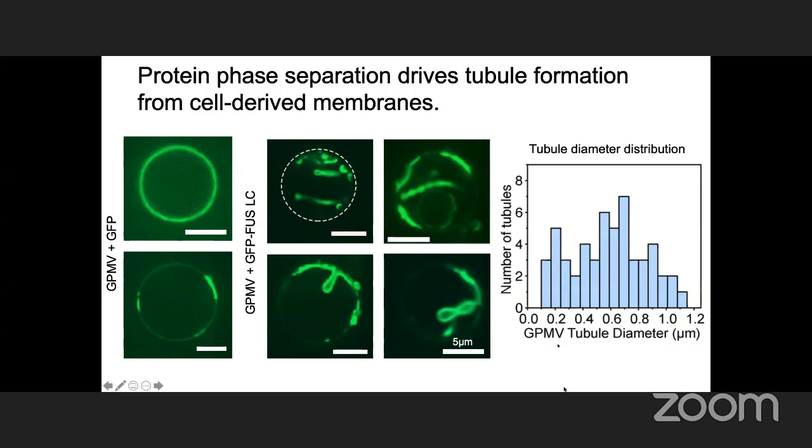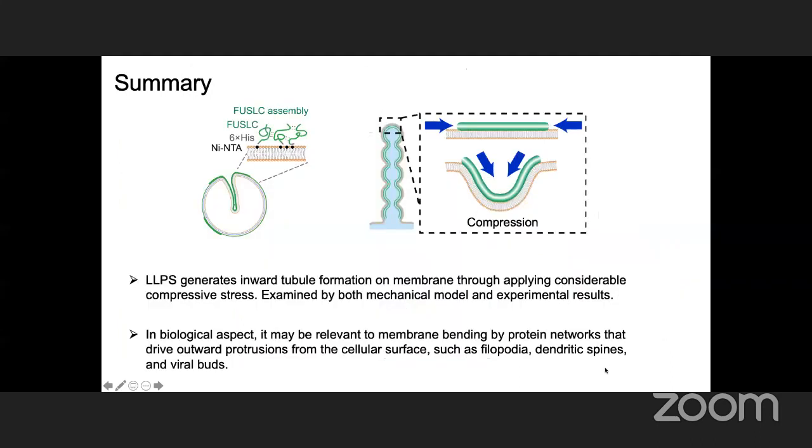The tubule diameter ranged broadly from 150 nanometers to more than 1 micron, which encompasses the scale of many cellular structures, including filopodia, dendritic spines, phagocytic cups, and many organelles. So in conclusion, we demonstrate that liquid-liquid phase separation on membrane can generate considerable compressive stress that drives inward tubules of physiologically relevant dimensions.